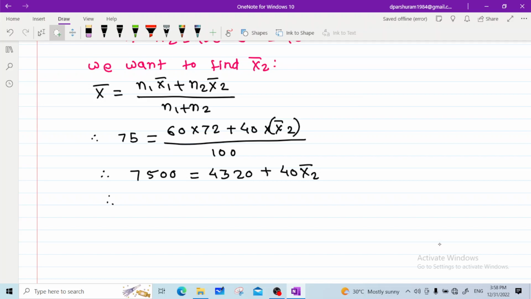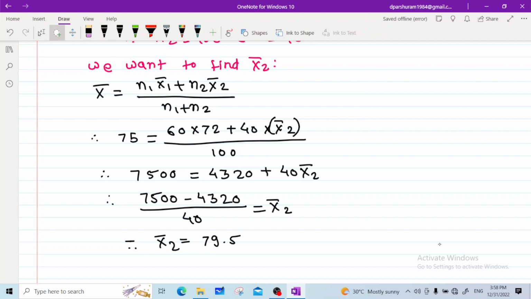Okay, 7500 minus 4320 divided by 40 is equal to x2 bar. When we calculate, we get the value of x2 bar as 79.5.